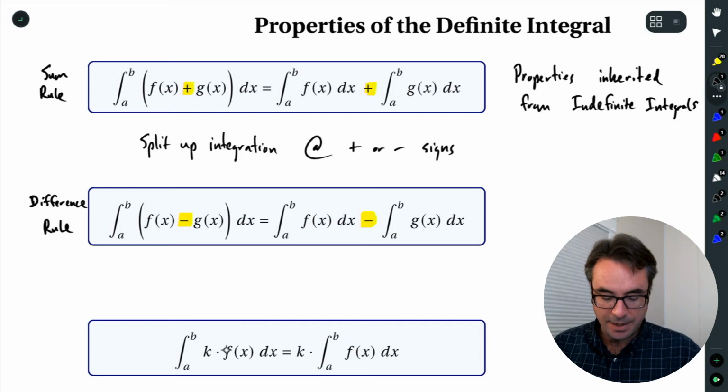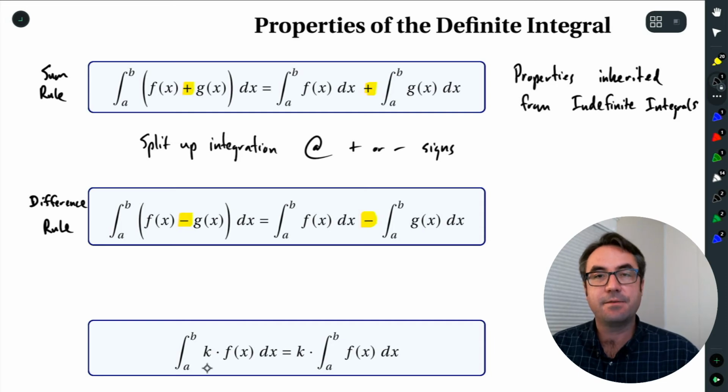If we're calculating the definite integral from a to b of a constant k times f of x, this constant multiple k we can move out in front of the integration. So instead of having the constant k inside the function we're integrating, let's bring it out front. We can just integrate the function f of x from a to b, and then when we get that result, multiply it by k.